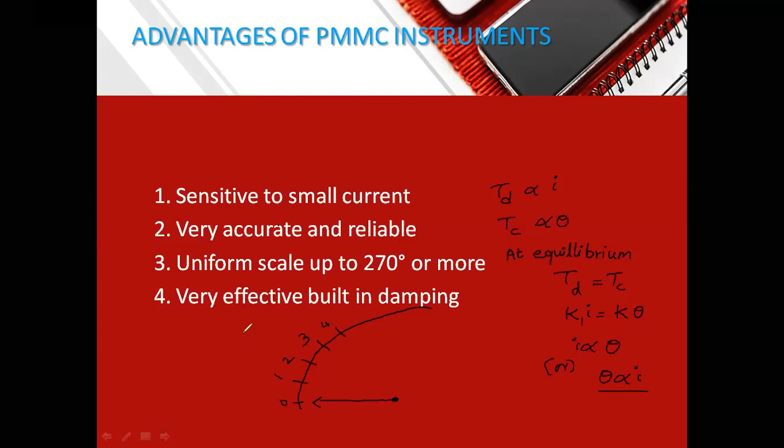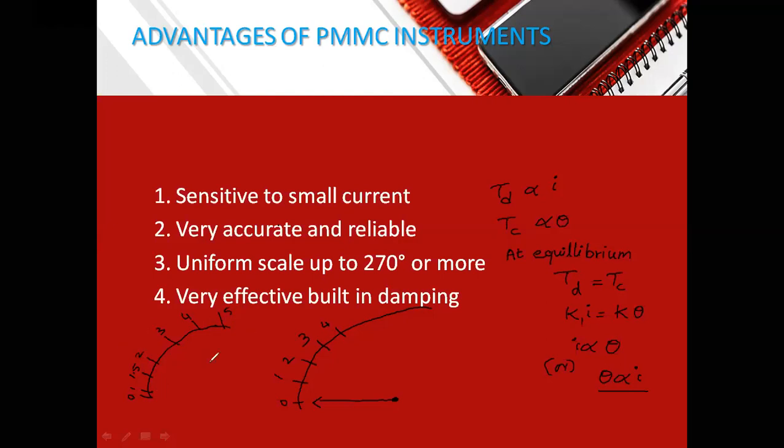In some meters, we'll have the scale crowded at the beginning, like this is 0, this is 1, this will be 1.5, here will be 2, there will be 3, 4, 5, like that. You must be seeing some instruments with scale in this manner.